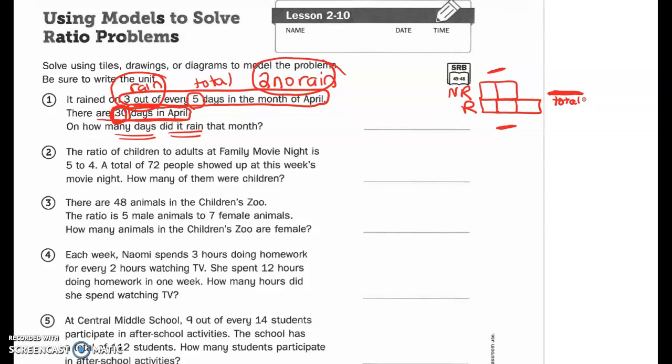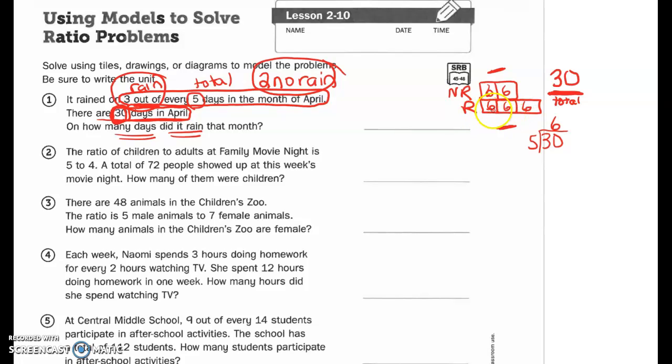So the number 30, it says that there were 30 days in April, so that's our total. So that means that we're going to take the number 30 and we're going to split it into these 5 boxes. So 30 divided by 5 is actually 6. So 6 is our actual magic number, and it will go in every box.